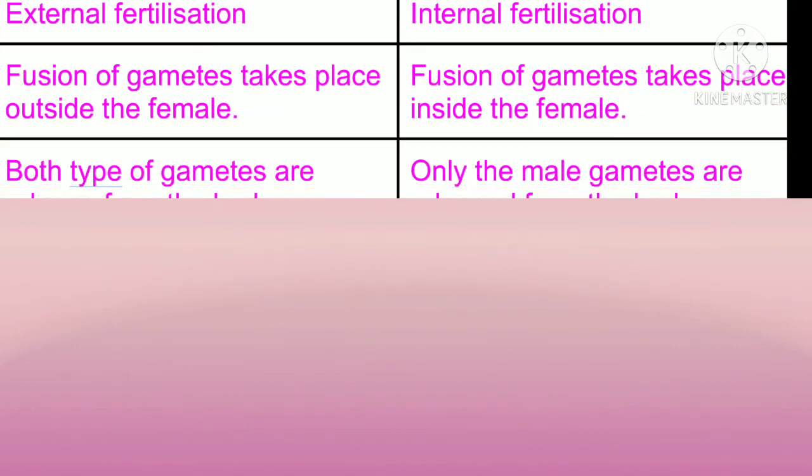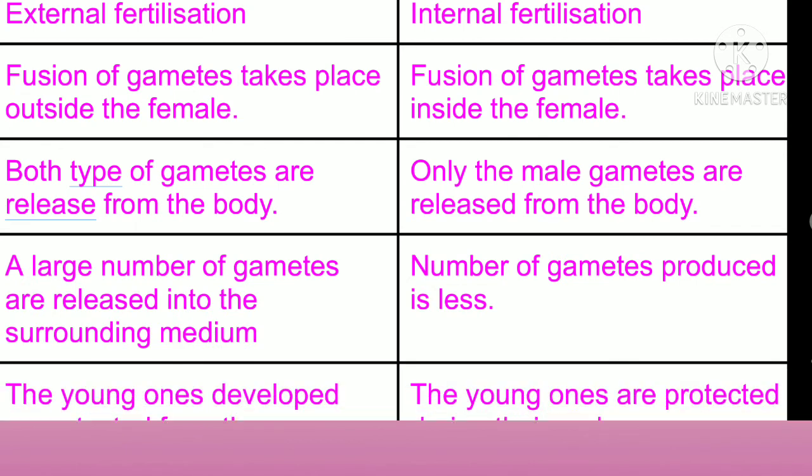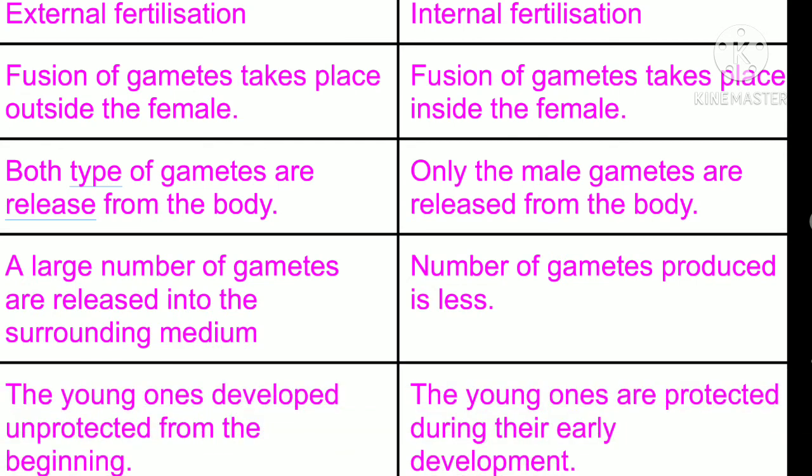Now let us see the difference between external and internal fertilization. In external fertilization, fusion of gametes takes place outside the female, right? It is outside the female. But in internal fertilization, the fusion of gametes takes place inside the female body.